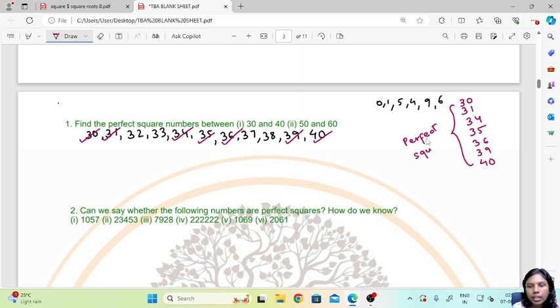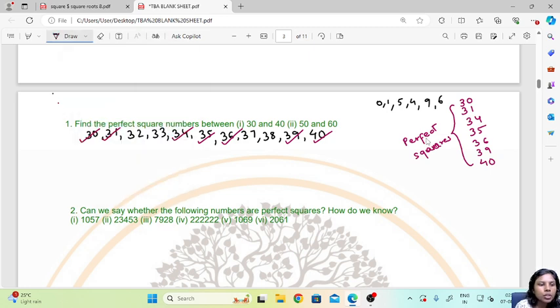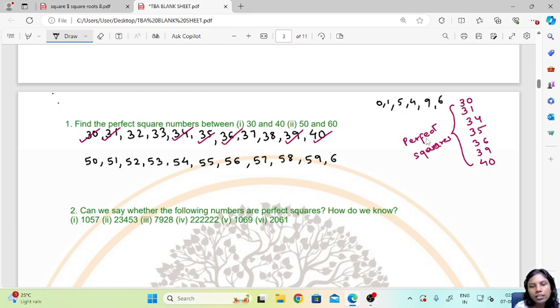Okay. Now same way, let's look at the next numbers that we have, that is from 50 to 60. So we have 50, 51, 52, 53, 54, 55, 56, 57, 58, 59 and 60.